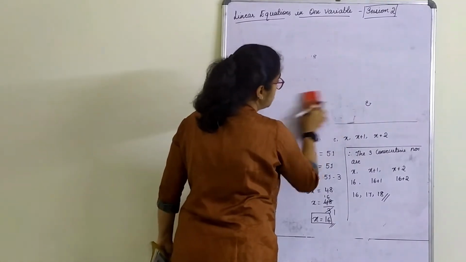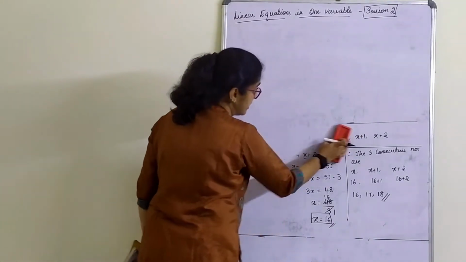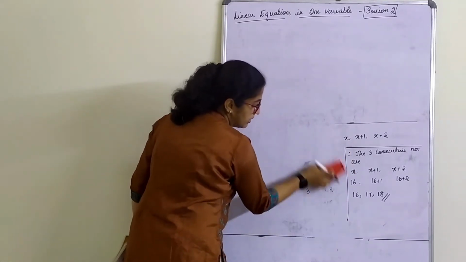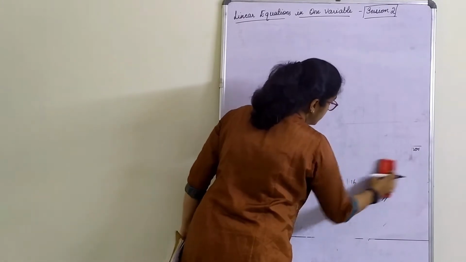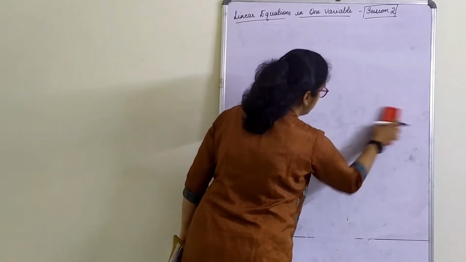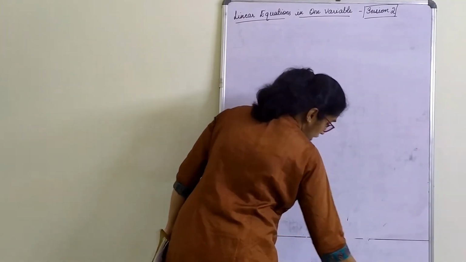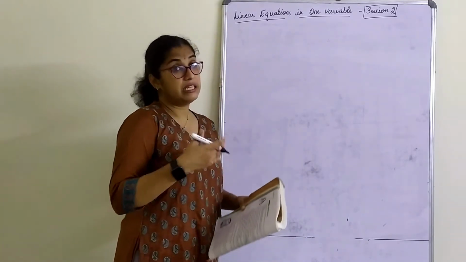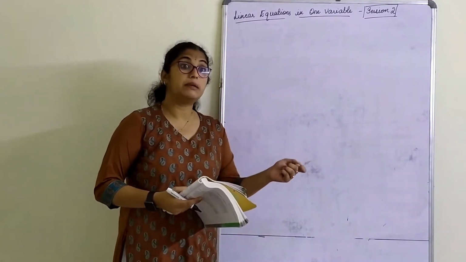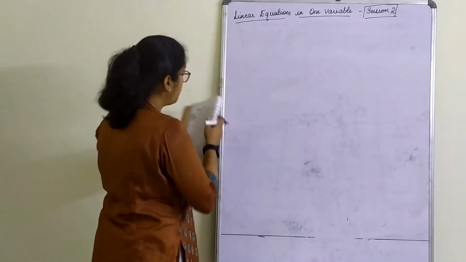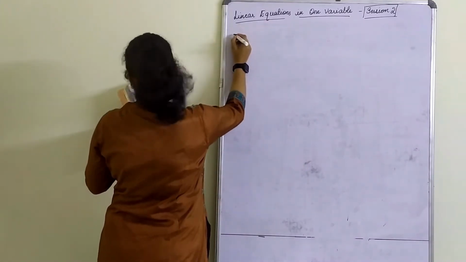Now again, we know the rule for consecutive numbers, how to write. So based on that, we will write consecutive multiples of 8 also. First of all, what are the consecutive numbers? Here x, x plus 1, x plus 2. But these are multiples of 8.